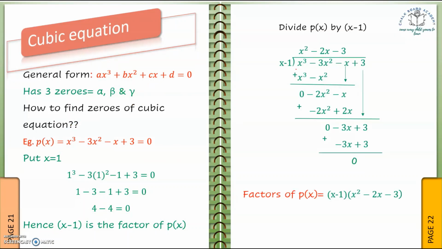So here we are dividing x cube minus 3x square minus x plus 3 by x minus 1. So this is the divisor here, and the equation p(x) here is the dividend. Now we are going to find out the quotient, which will be used to do middle term splitting and to find out the further factors.